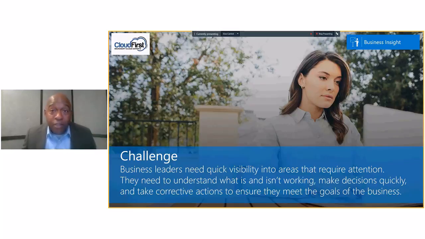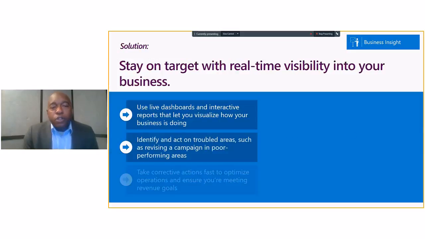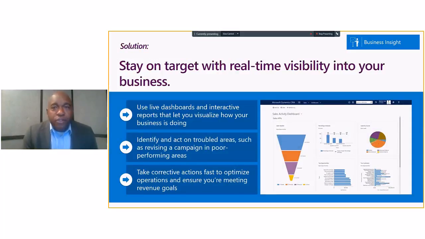And that might signal that maybe one of the products has some problems with the quality of that particular product. But that information is gained much quicker once we have an automated system in place, such as a CRM system. So the solution to that is staying on target with real-time visibility into our business.